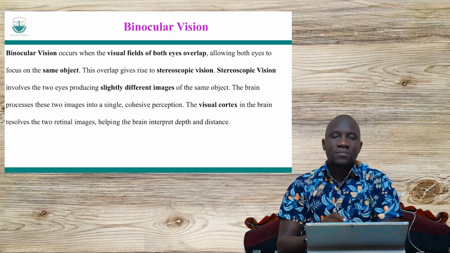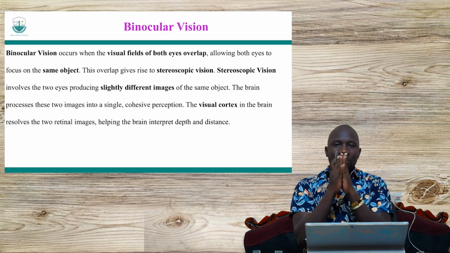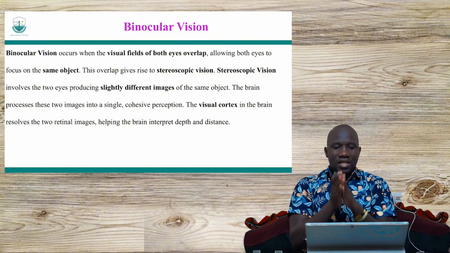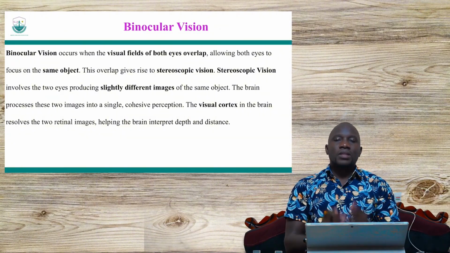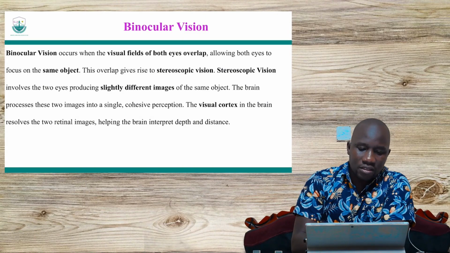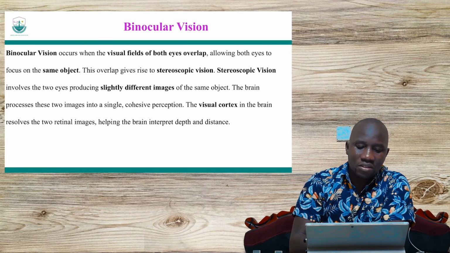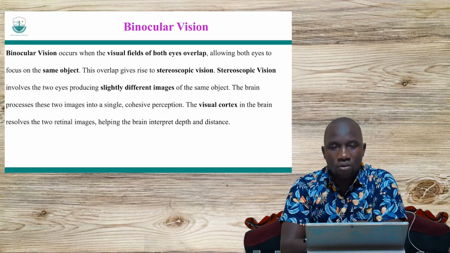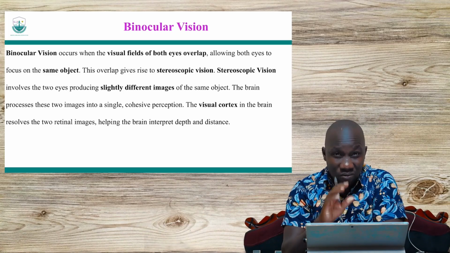But your brain makes sure that the interpretation you have in your mind about the object you're seeing is a single image, a single cohesive perception of that object.